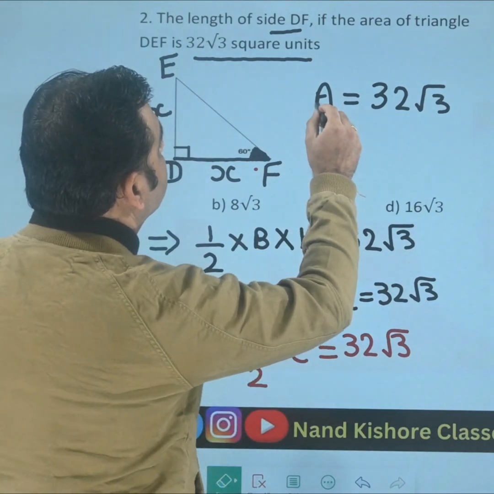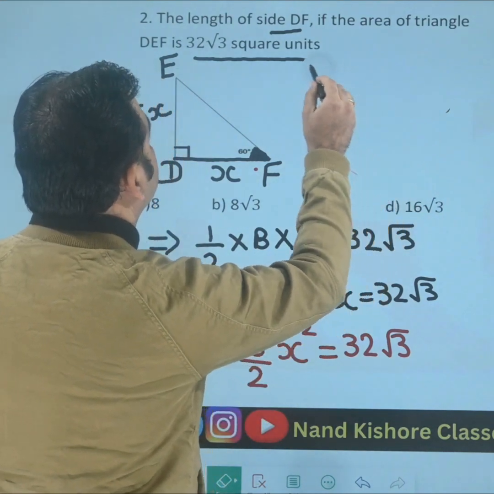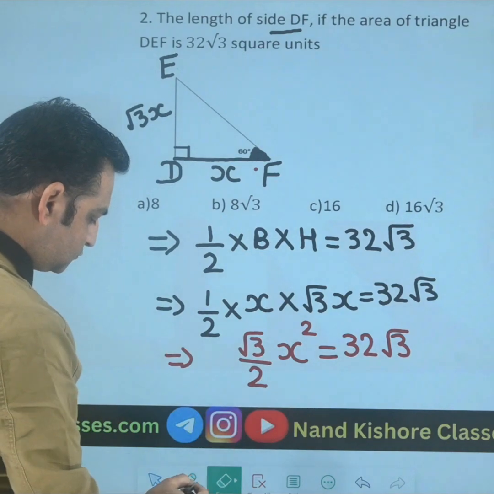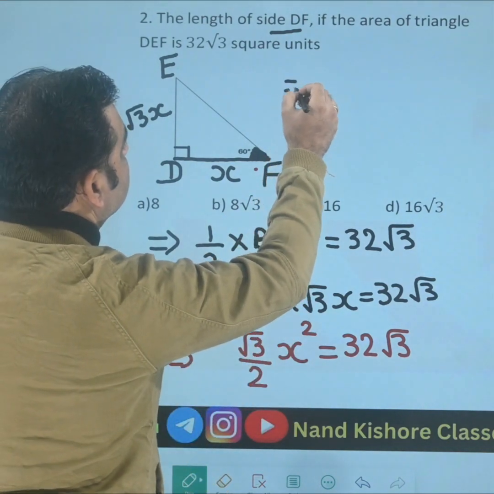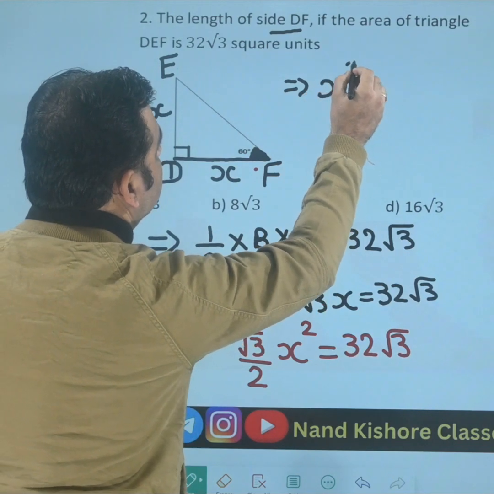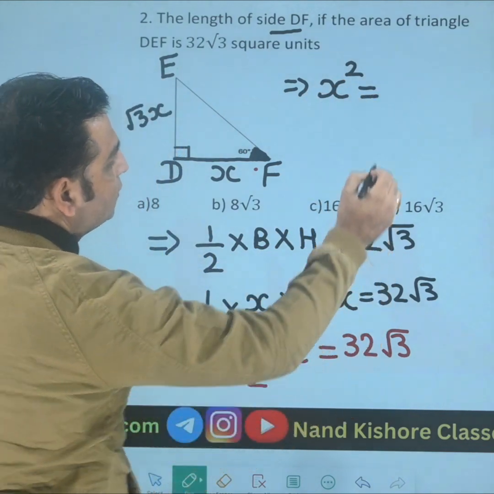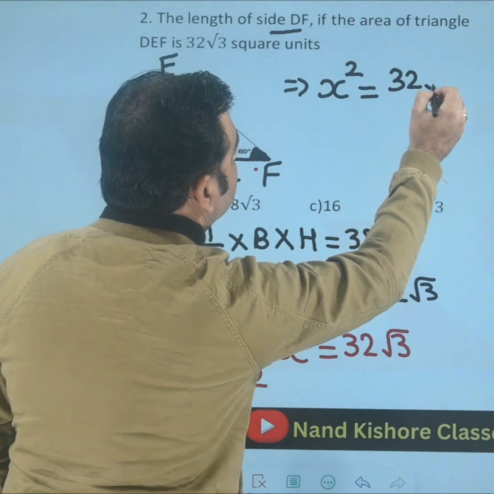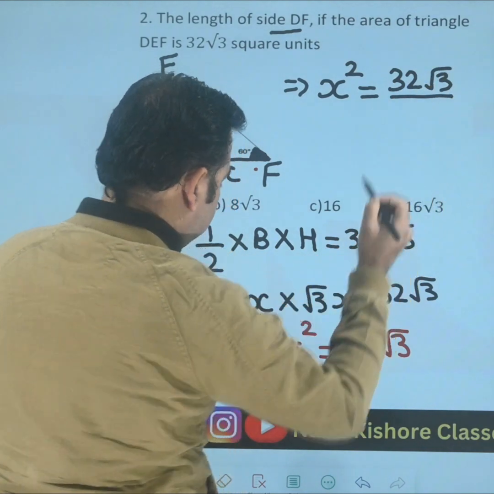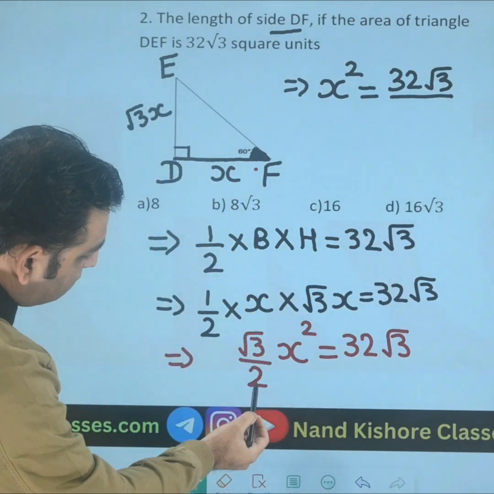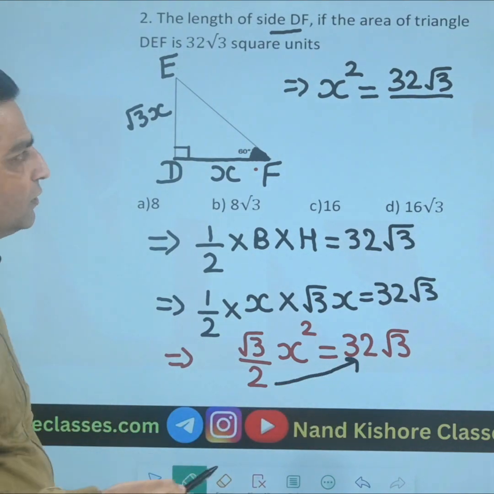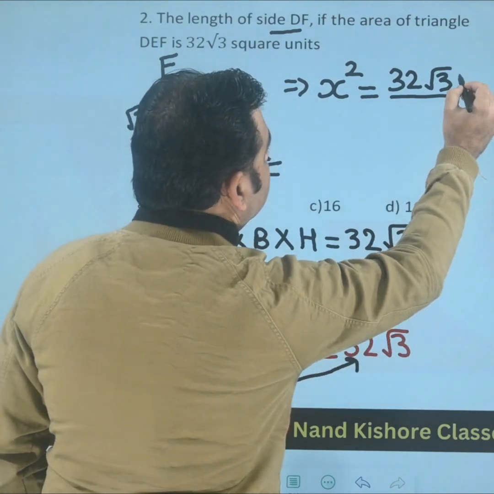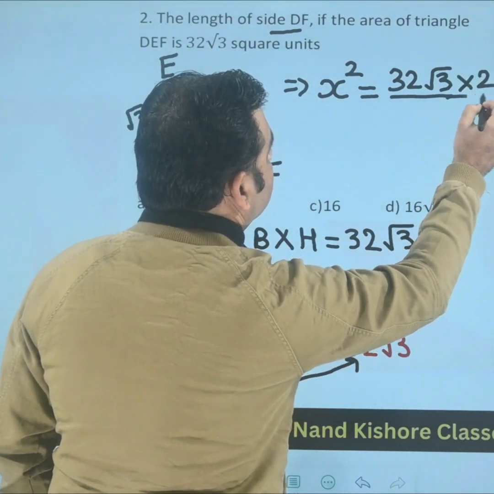I am going to write next step here at the top. Now what I am going to do, I am going to do cross multiplication. This x square will be equal to 32 root 3. This 2 will be cross multiplied and will be multiplied with 32 root 3. So it is multiplied by 2.